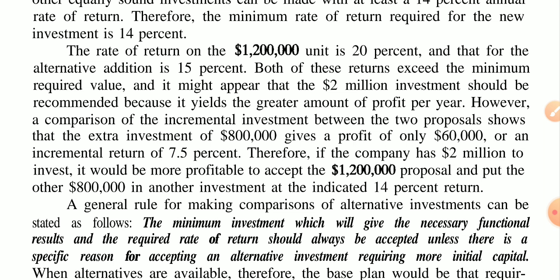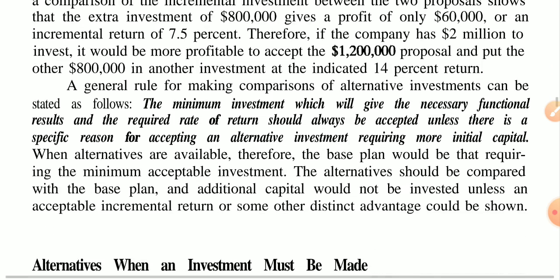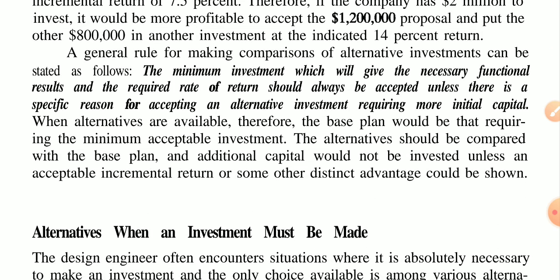A general rule for making comparison of alternative investments can be stated as follows: the minimum investment which will give the necessary functional result and the required rate of return should always be accepted unless there is a specific reason for accepting an alternative investment requiring more initial capital.